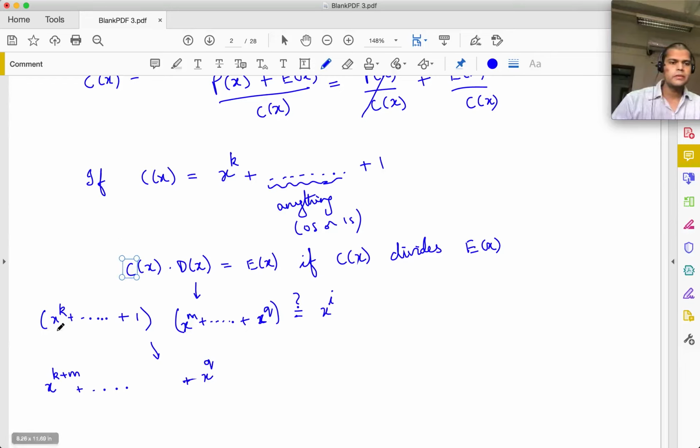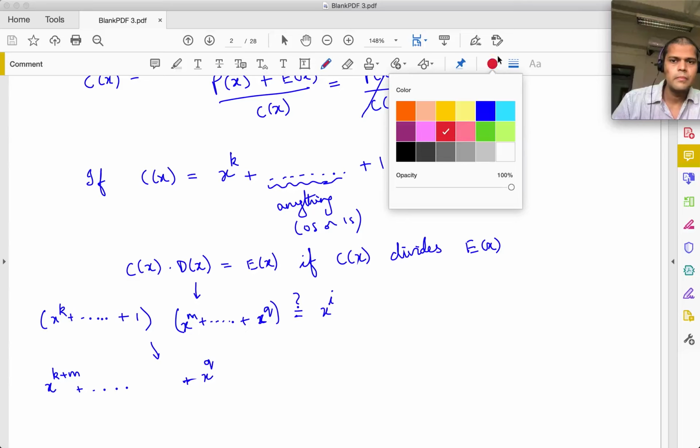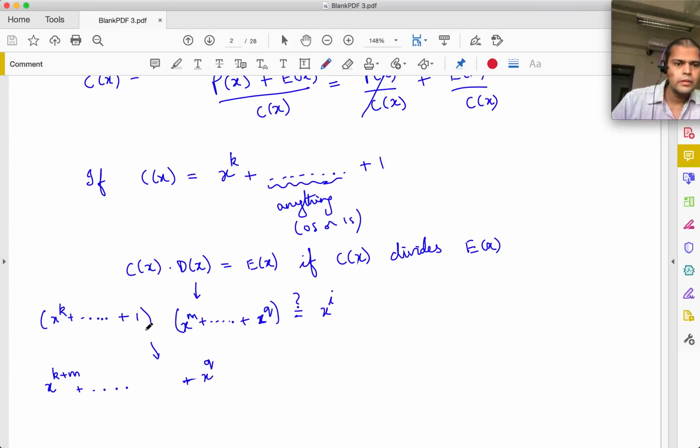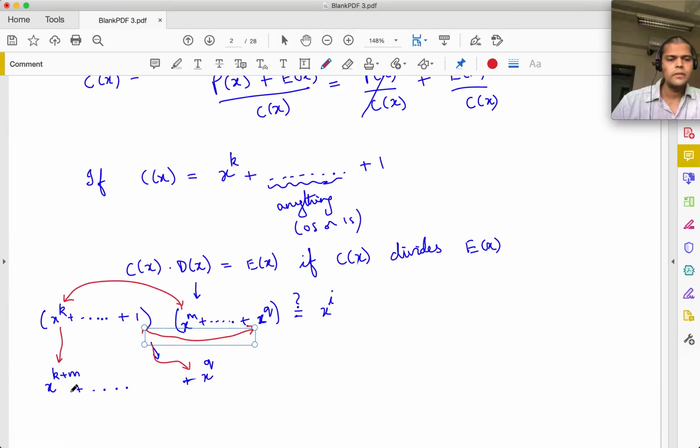So how am I doing this? Well, when these two terms multiply, we're going to get x to the power of q, and when these two multiply, we'll have x to the power of m plus k.